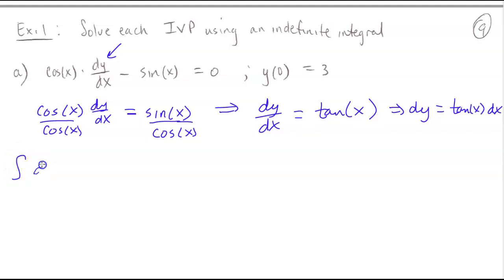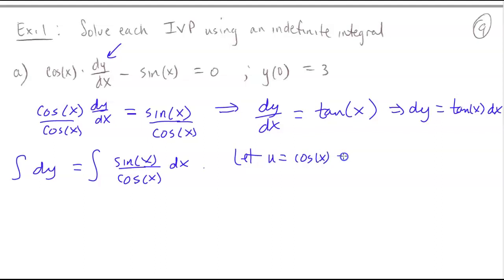So I'll say integral of dy is equal to integral of sine x over cosine x dx. Here we'll let u equal cosine of x, which implies that du is negative sine x dx, which means that minus du is equal to sine x dx.